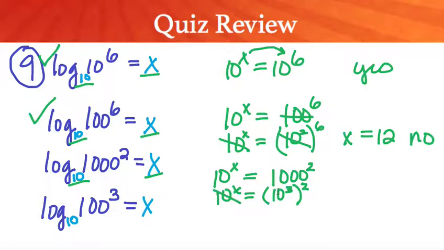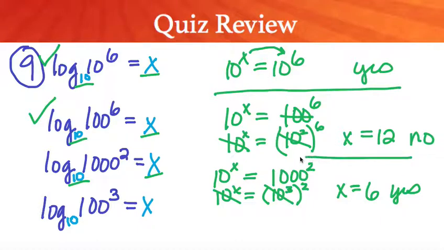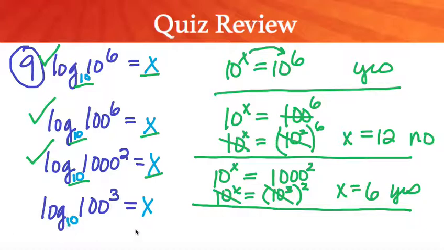The bases can be crossed out, and I get x equals 3 times 2, which is 6. Yes, this is 6. Let's do it one more time. I'm going to draw lines in between these so you can see the different ways that I've shown the work for each one of these. That one's done.